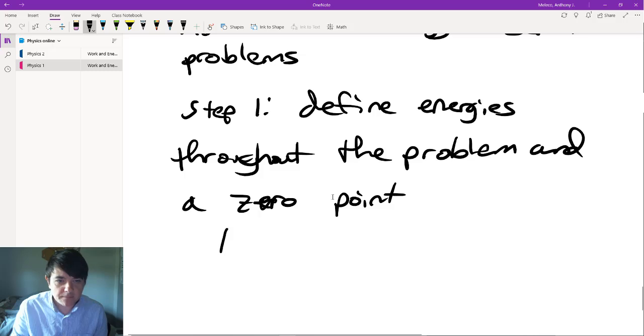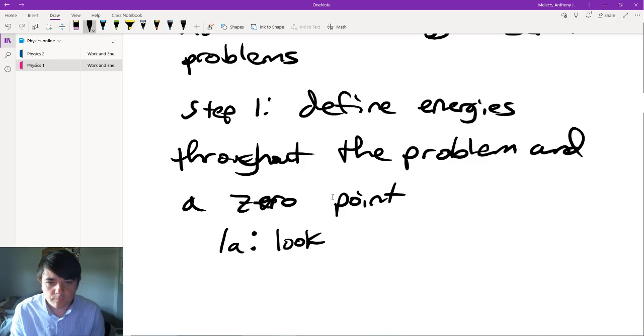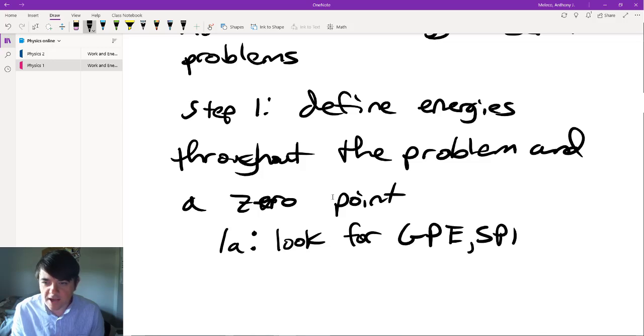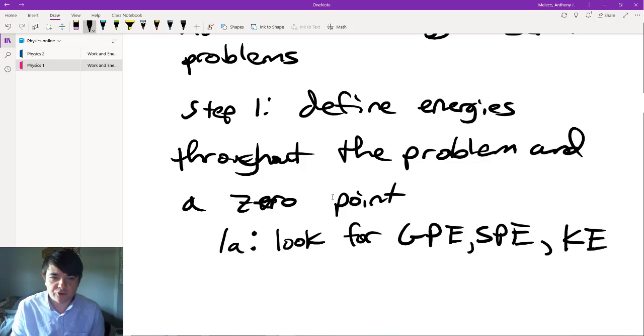Kind of like 1A here would be: look for GPE, gravitational potential, SPE, spring potential, and kinetic energy.